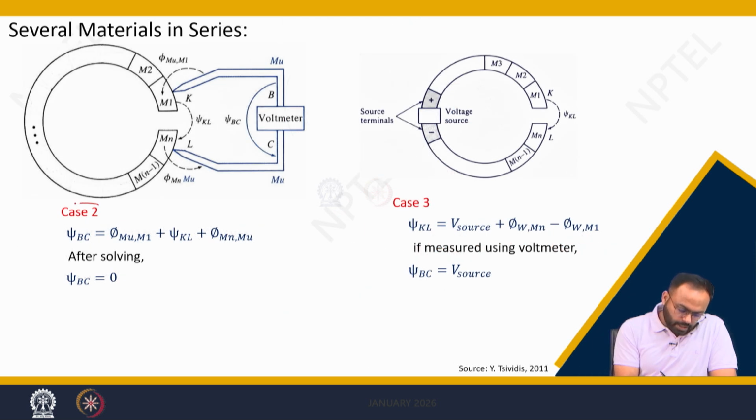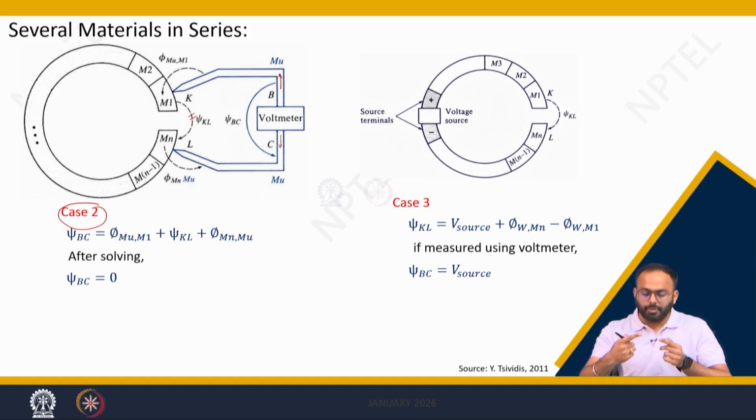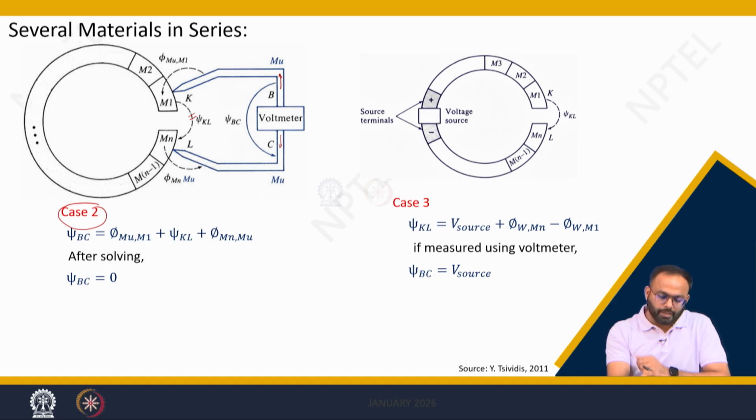To see this, let us go for case number 2. What I am interested in is to measure this psi KL, or the equivalent contact potential between K and L, by a voltmeter, considering that the voltmeter wires are made up of the same material. The moment you take the voltmeter wires and connect the voltmeter leads to the metals, there will be a contact potential between them.